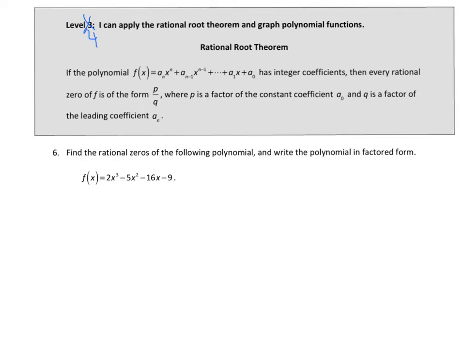The rational root theorem says if you have a polynomial in standard form that starts off with your highest degree term, or your term with the highest exponent, and goes down to your constant term, you're going to look at your very first term and your very last term, which is your constant term. p is a factor of the constant coefficient a sub 0, so p is going to be factors of that constant term.